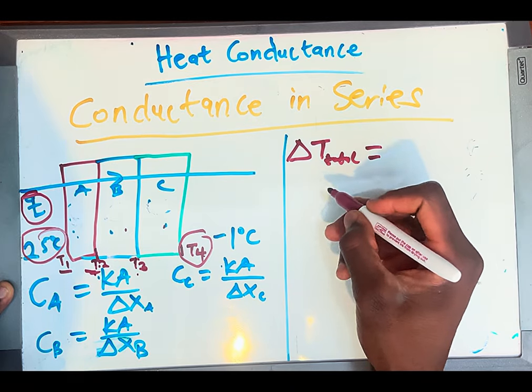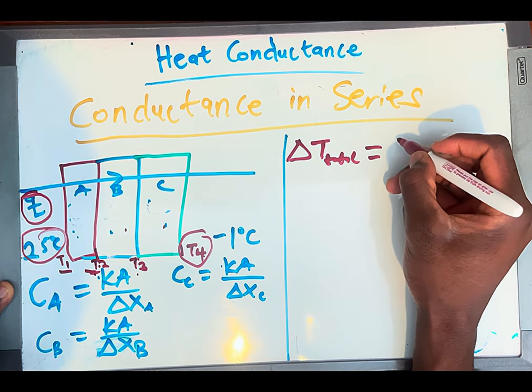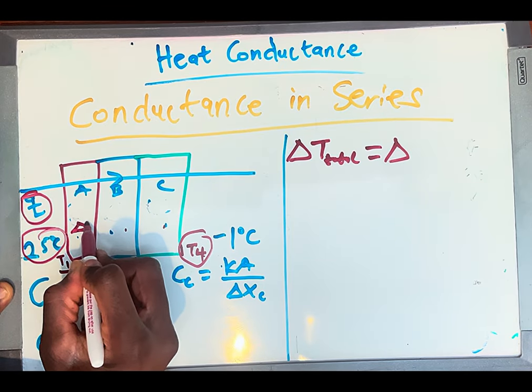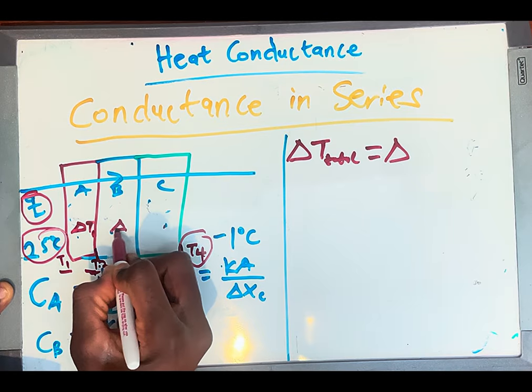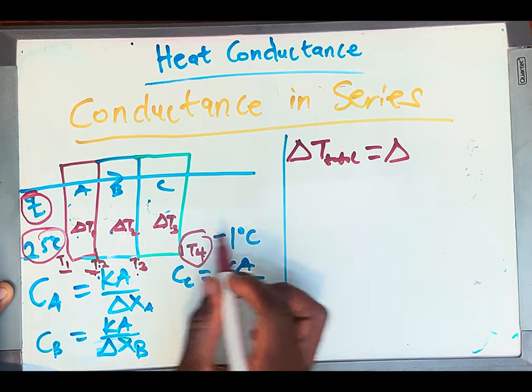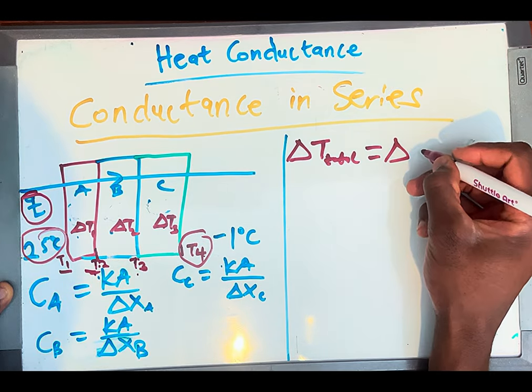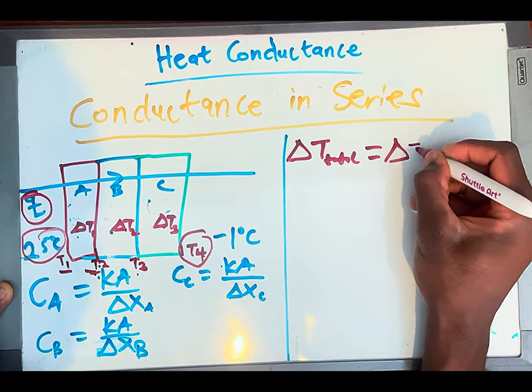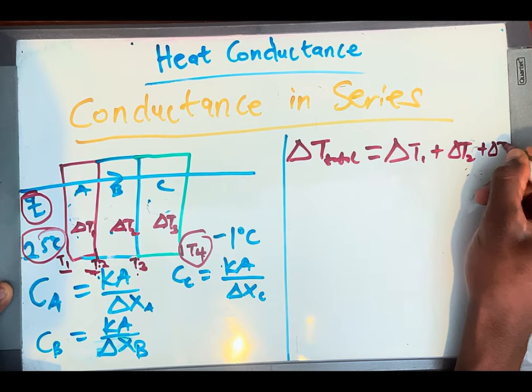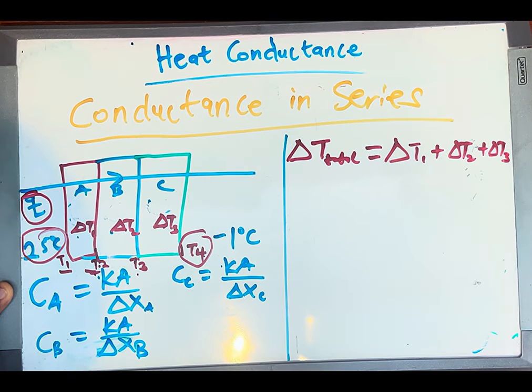So we have first a change in temperature here, another one here, and then the third one here, delta T3. There are three different changes in temperature. So delta T total will be equal to delta T1 plus the second change in temperature plus the last change in temperature.